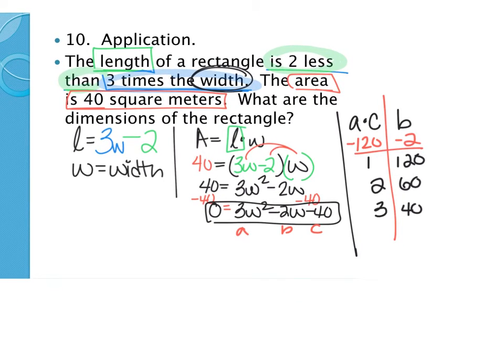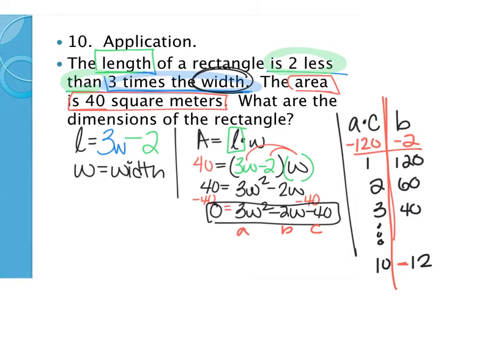This is kind of a 10, 12. But you put the negative 12 in it. Do we understand why the negative goes with the 12? Because it's negative 2. 10 plus negative 12 gives you negative 2.